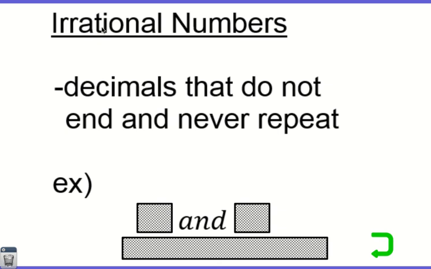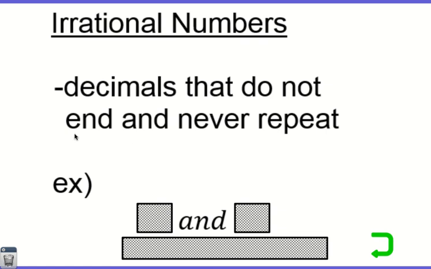This is a pretty good word for this kind of number. Think of someone acting irrationally, like there's no rhyme or reason to their behavior. Well, think of a number where the decimal just goes on forever with no pattern to it. It's got no rhyme or reason.